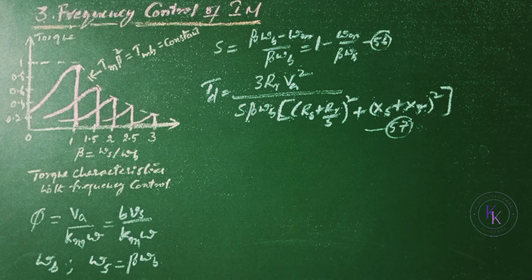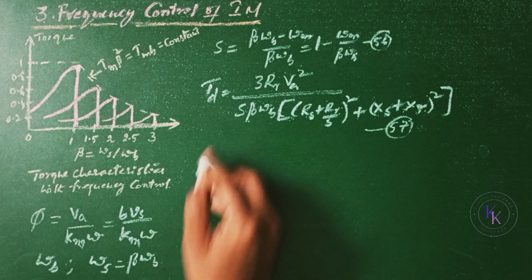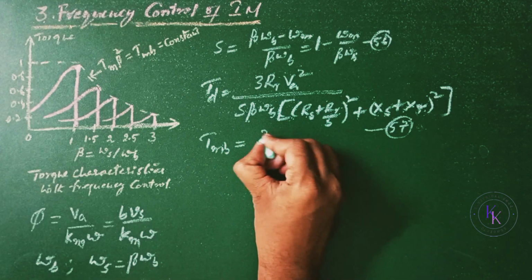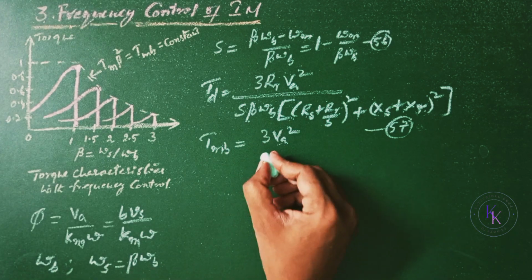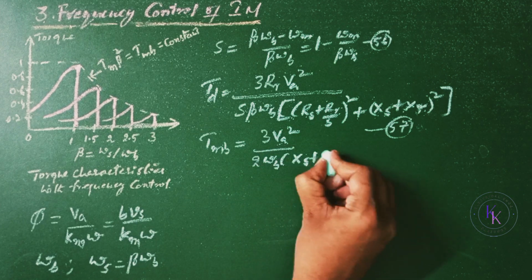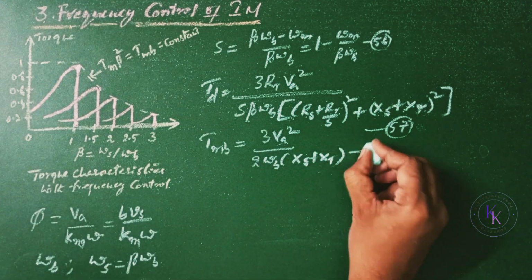If Rs is negligible, then the maximum torque at base speed, Tmb, is given by 3 Va square divided by 2 omega b of (Xs plus Xr). Let it be 58.